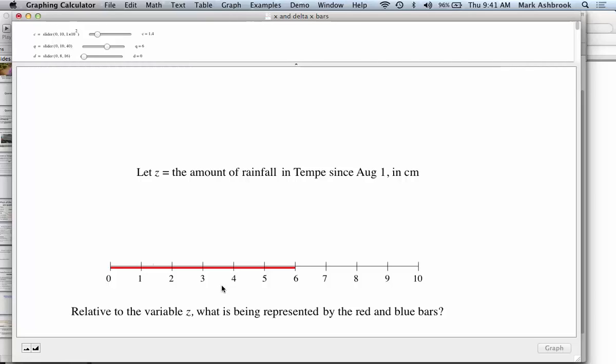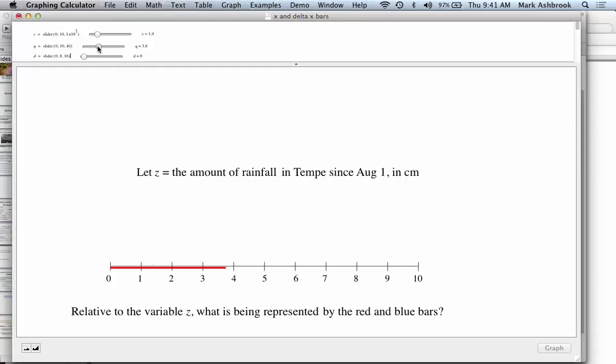Okay. And so how would you interpret what you're seeing right now? It's every possible value since August 1st. Okay. I would say that we've had 6 centimeters of rainfall in Tempe since August 1st. So that red bar is showing the current value of Z, which is 6 centimeters, and then I can change that.